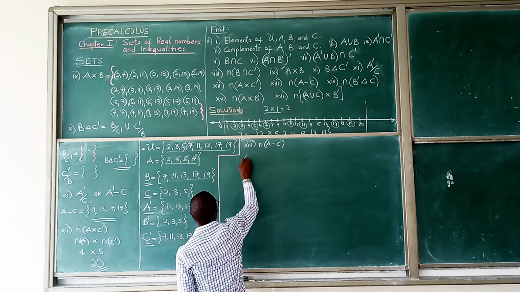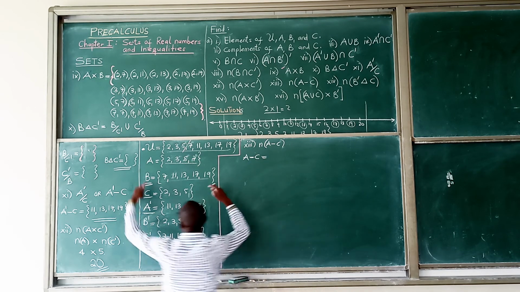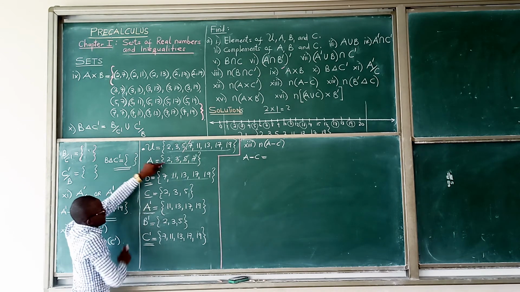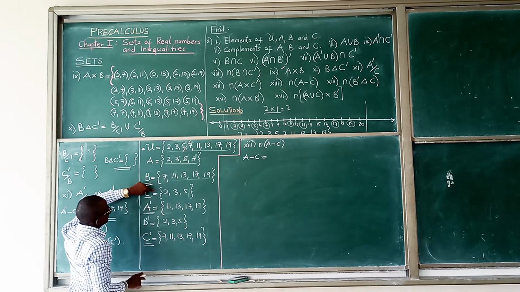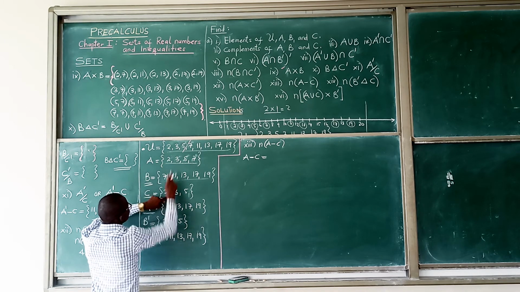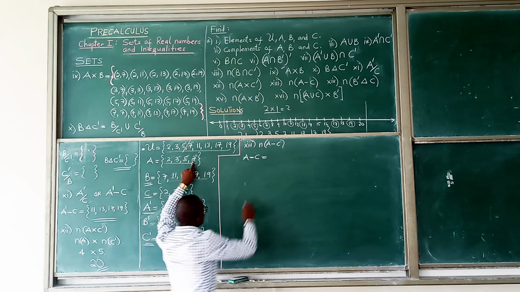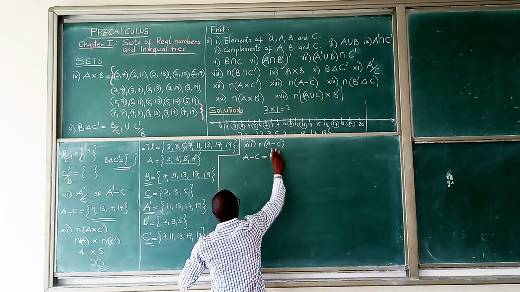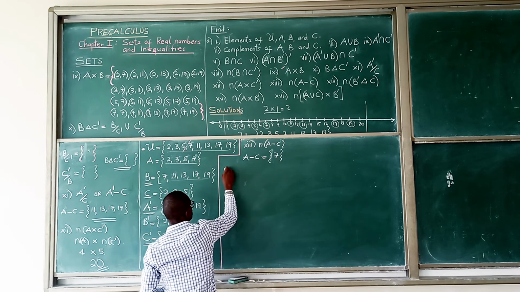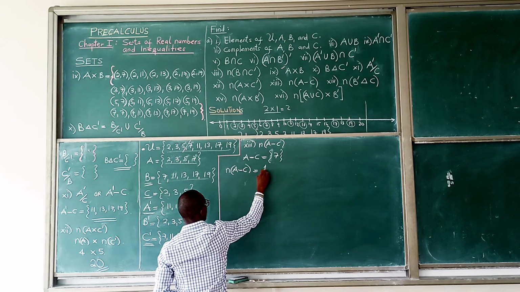Let's first find A different from C. This is set A, and this is set C. What are the elements within set A that are not in set C? A has 1, 2, 3, 5, 7. 7 is not here. So 7 is the element that makes A different from set C. Therefore, the number of A different from C is equal to 1 element.